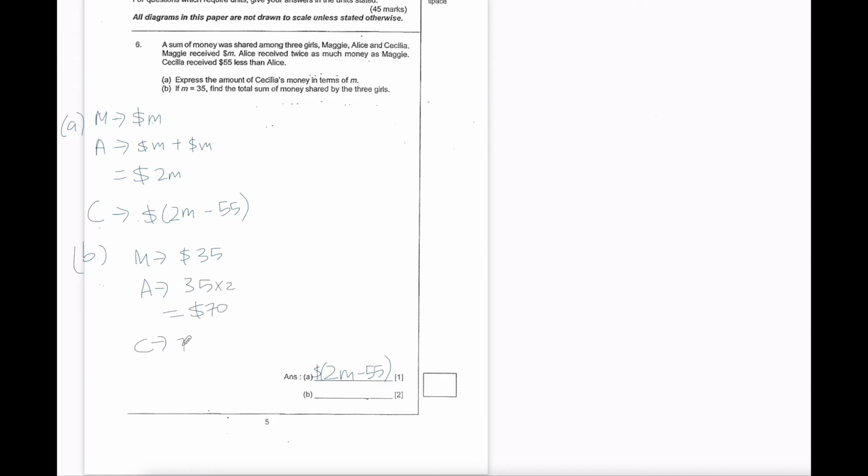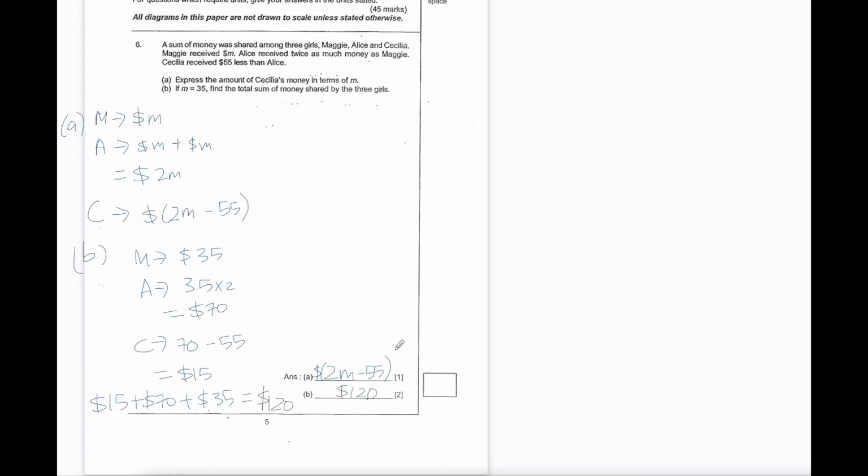Cecilia will have $70 minus 55, which is $15. Okay, if we add all of them up, we are going to get $120. And that's how we get the full 3 marks.